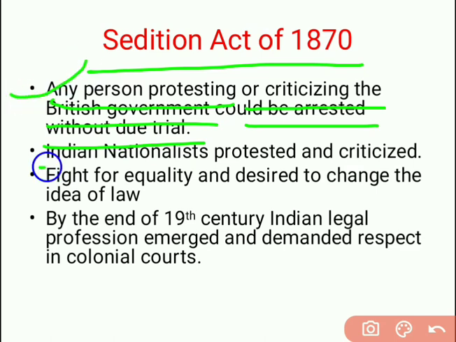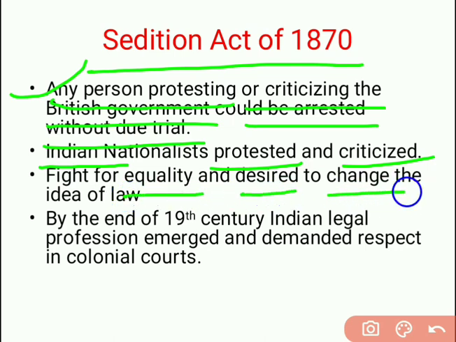And that's why Indian nationalists opposed and criticized this law, because it was against the fundamental rights and the freedom of the people. Indian nationalists wanted equality and desired that the Sedition Act be changed.